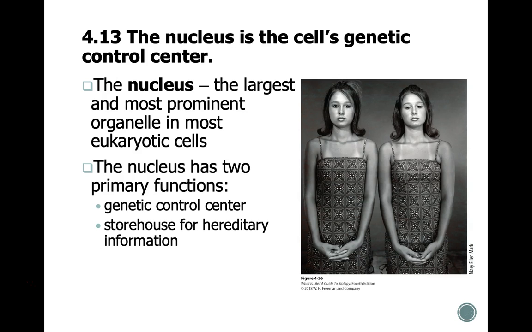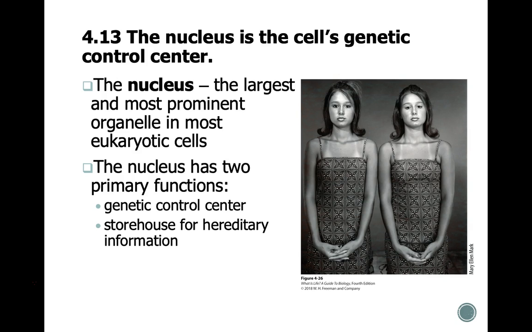The nucleus is probably the most important organelle in a eukaryotic cell. It's the largest one, and it's the easiest to see when we look at a microscope image of a cell. So the nucleus has two primary functions. One is that it's the genetic control center, and the other is that it houses our genetic information.